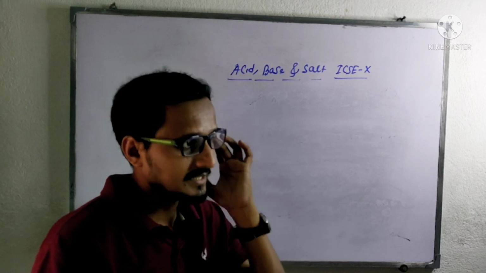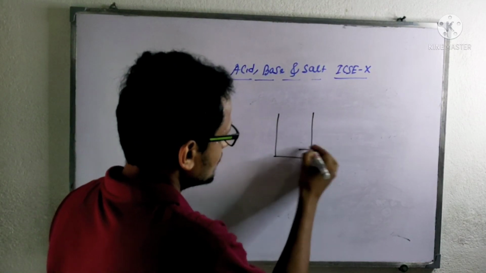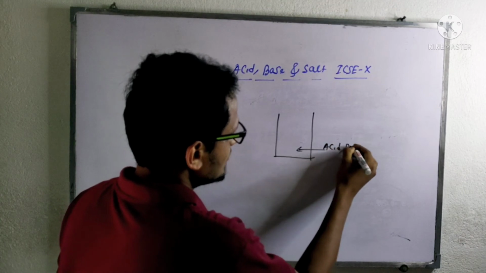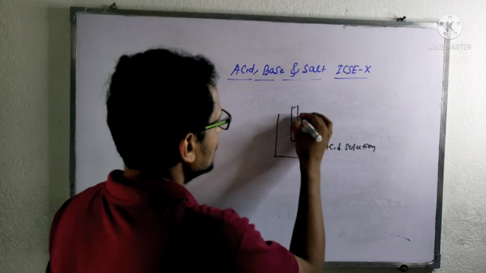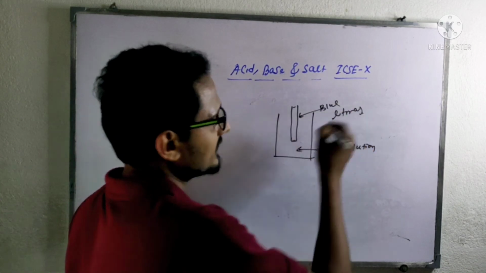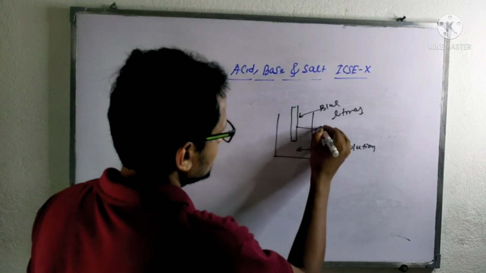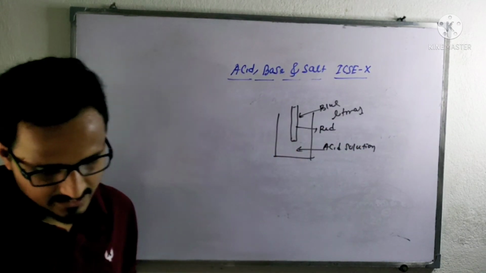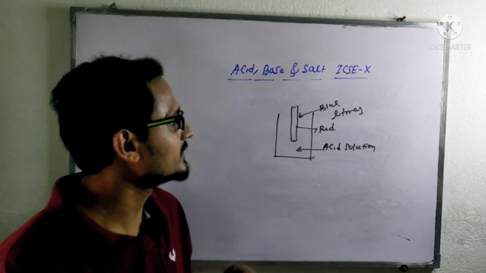Say it is an acid solution. If you dip a blue litmus paper here, then it will turn red. So this is the property of an acid.